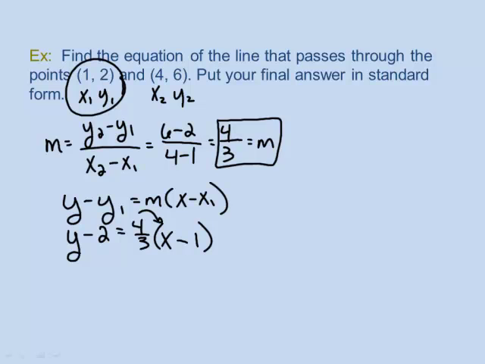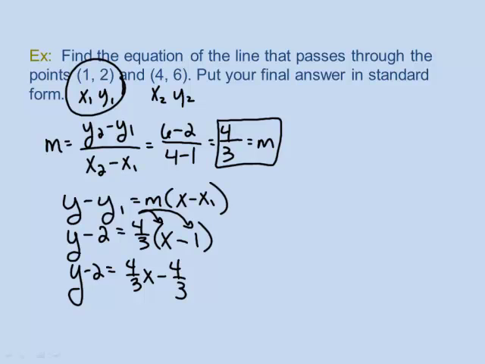All right, let's distribute that 4/3. So now we have y minus 2 is equal to 4/3 times x is 4/3 x, minus 4/3 times 1 is, of course, 4/3.